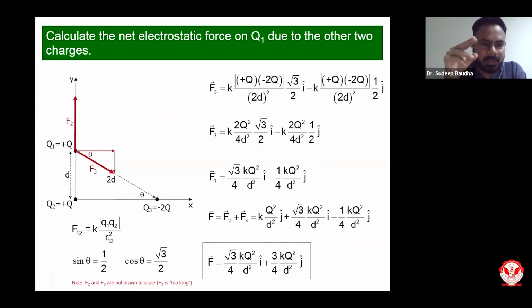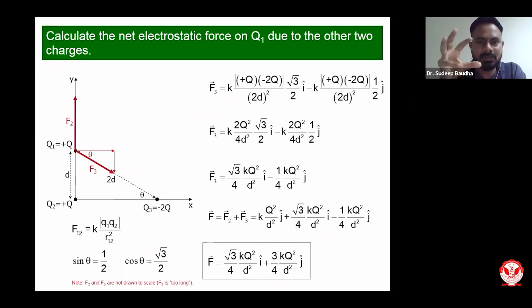And for finding the total force experienced by a single charge from multiple charges, you have to calculate the individual effects, and after that you can use the superposition theorem to find the net force felt by a particular charge. That is very important, and you all must know how to calculate the force exerted on a charge, generally point charges, by other point charges.